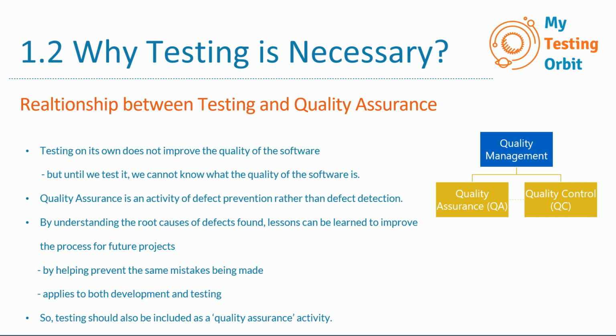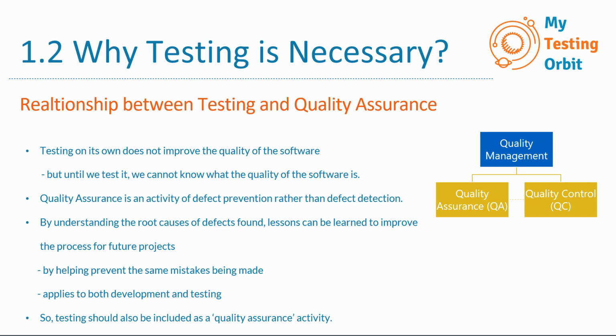They are related by a broader concept of quality management. Quality management ensures that an organization, a product, or a service has a consistent quality. It includes both quality assurance and quality control.